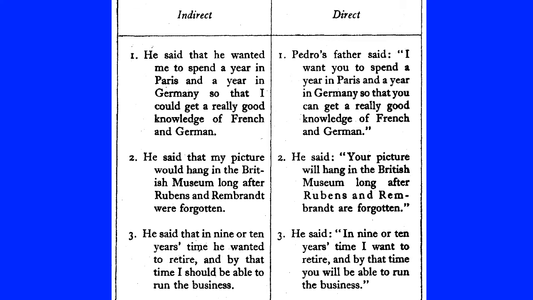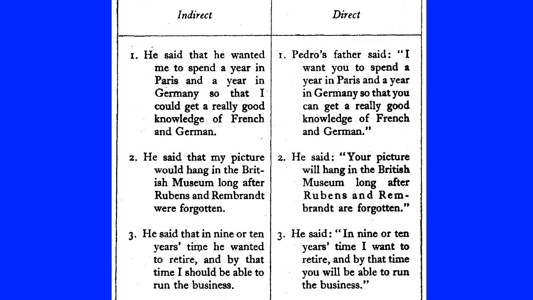Indirect. Direct. 1. He said that he wanted me to spend a year in Paris and a year in Germany so that I could get a really good knowledge of French and German. 1. Pedro's father said, "I want you to spend a year in Paris and a year in Germany so that you can get a really good knowledge of French and German." 2. He said that my picture would hang in the British Museum long after Rubens and Rembrandt were forgotten. 2.